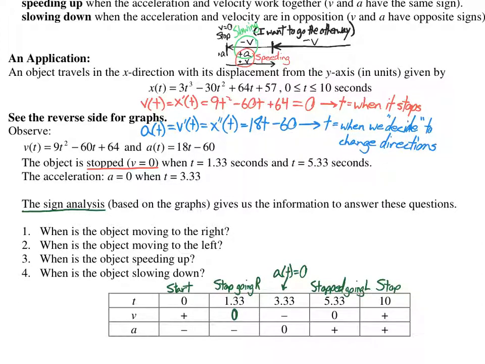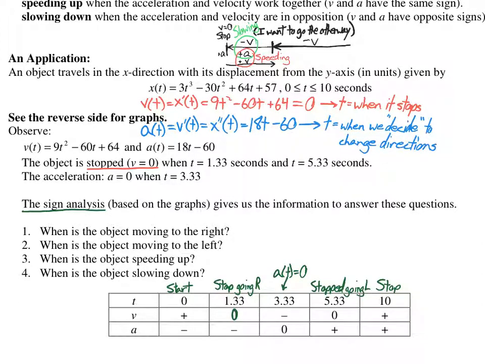Finally, we stop for a moment and we change directions. We're going to the right, now we're going to start going to the left. Now, in that range between 1.33 and 5.33, if we plug in 3.33, the velocity is negative. And then at the end, if we plug in 10 to the velocity, we get a positive number.